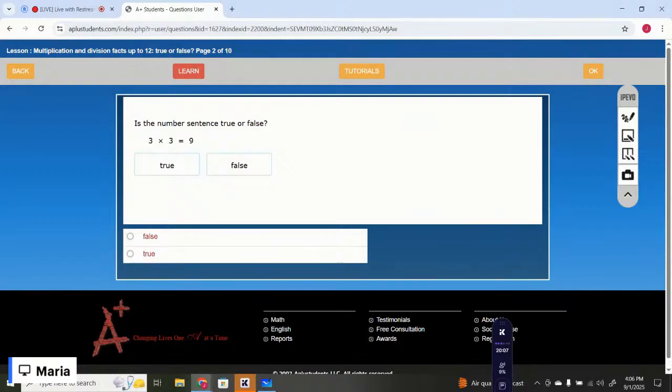Is the number sentence true or false? 3 times 3 equals 9. True it is. Option number 2 is the correct option.